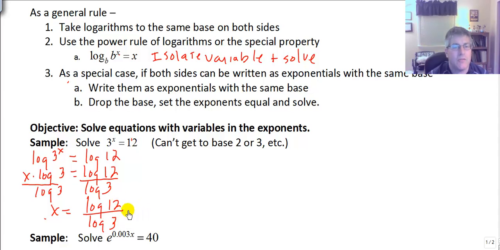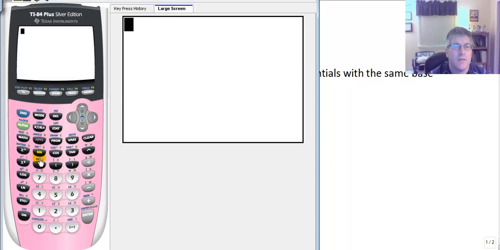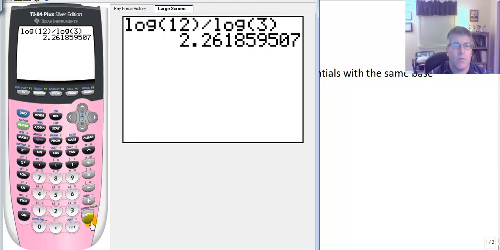Now this is not 12 divided by 3, it's not 4. We have to go to our calculator and input that into our calculator. So take the common log 12, divided by log 3. That's not 12 over 3, that's not 4. And we get our answer 2.262.